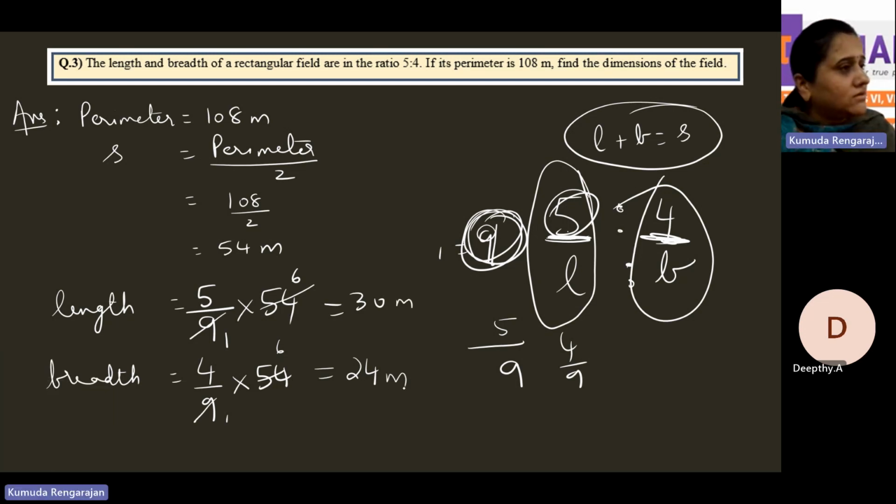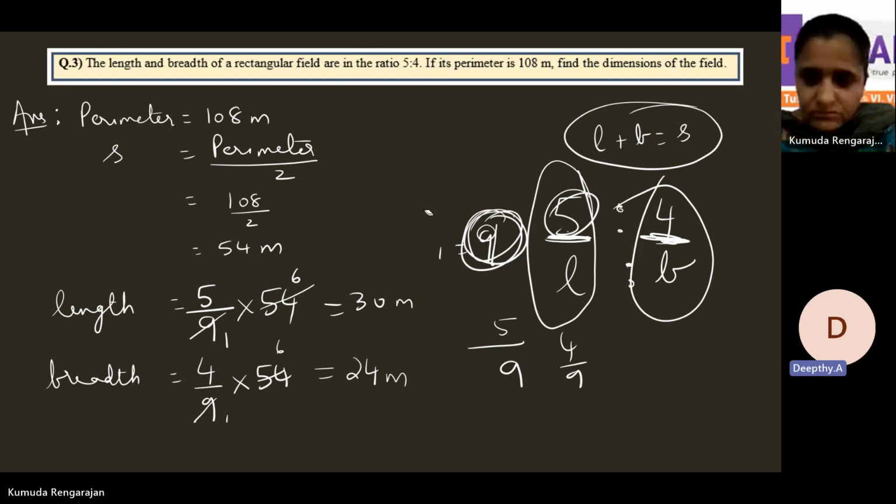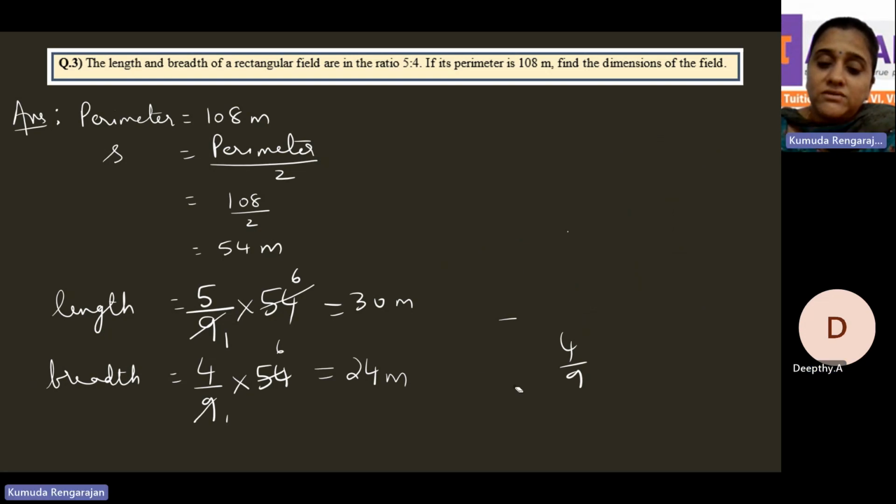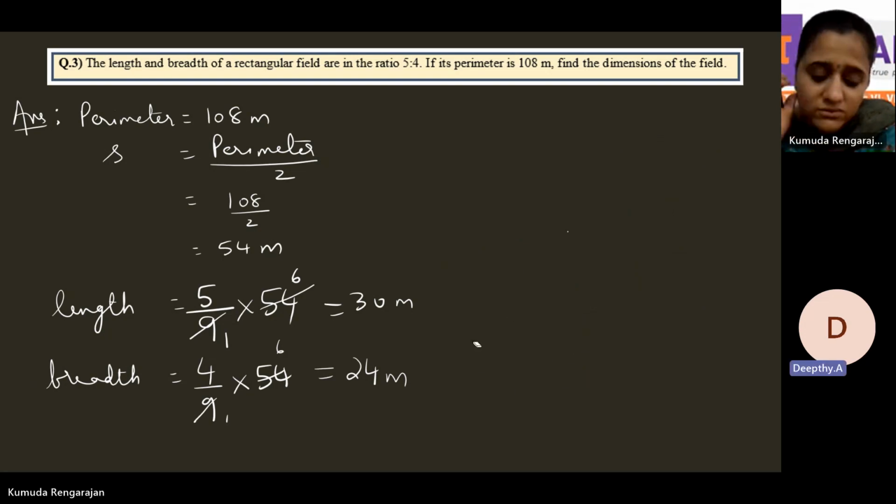This is one way. Understand? Yes, Deepthi, what's your question? I thought we could do it with the semi-perimeter, taking the semi-perimeter of the perimeter and then making it length and breadth.